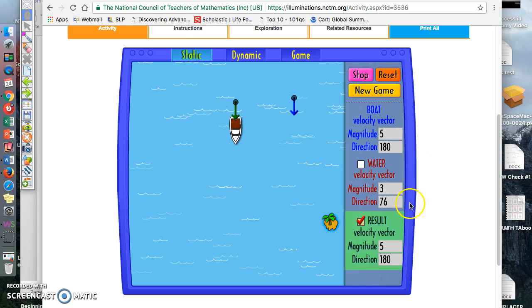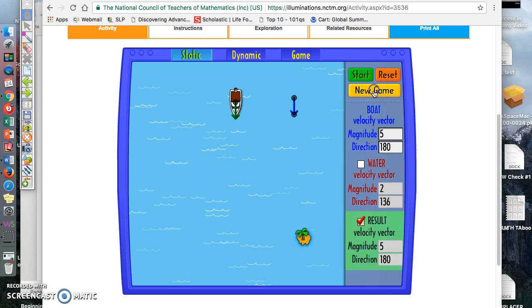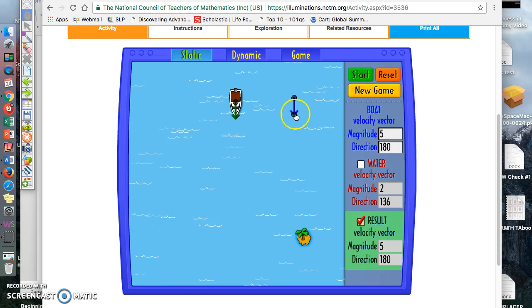Well, now the magnitude and direction are exactly the same. New game. And if we start, what happens if I change this a little bit? Oh, well, now it looks like the magnitude and the direction are exactly the same.